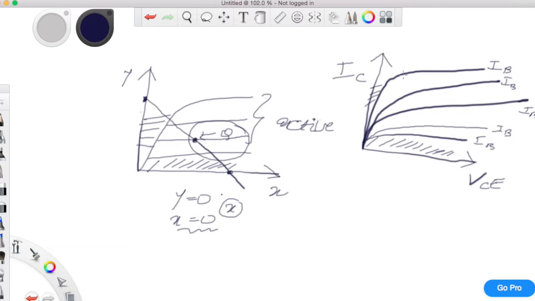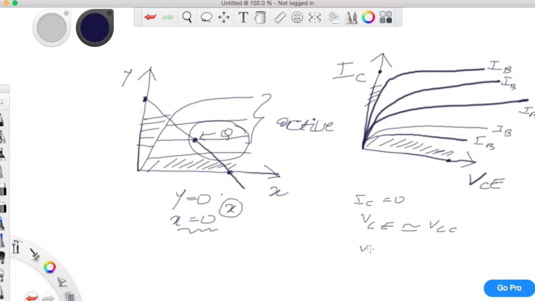So now when you put your IC equal to 0, you will be getting the value of VCE equal to VCC. We'll be solving a question and you'll understand what I mean.